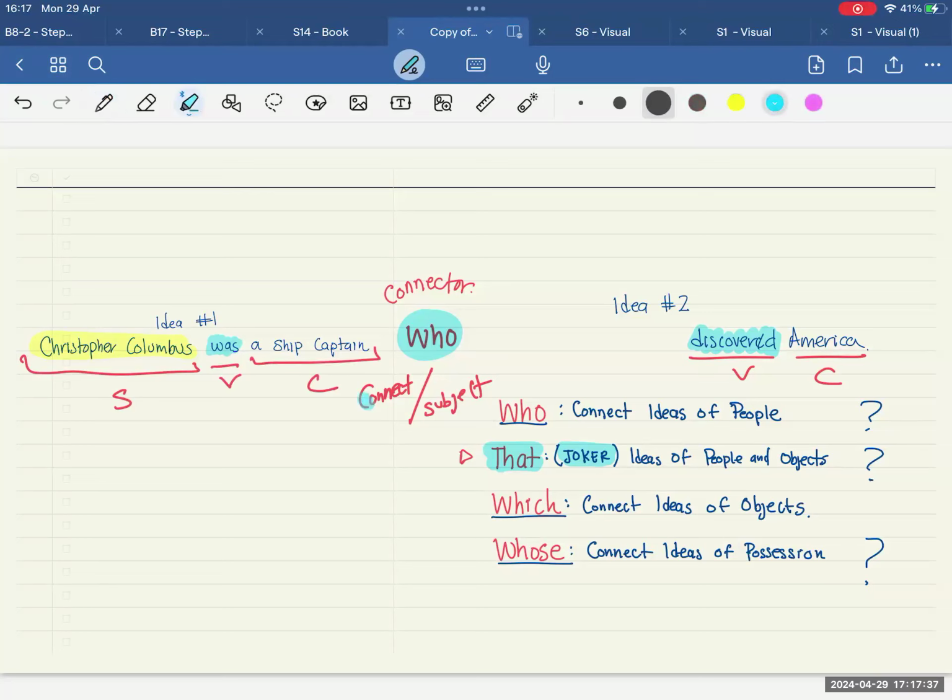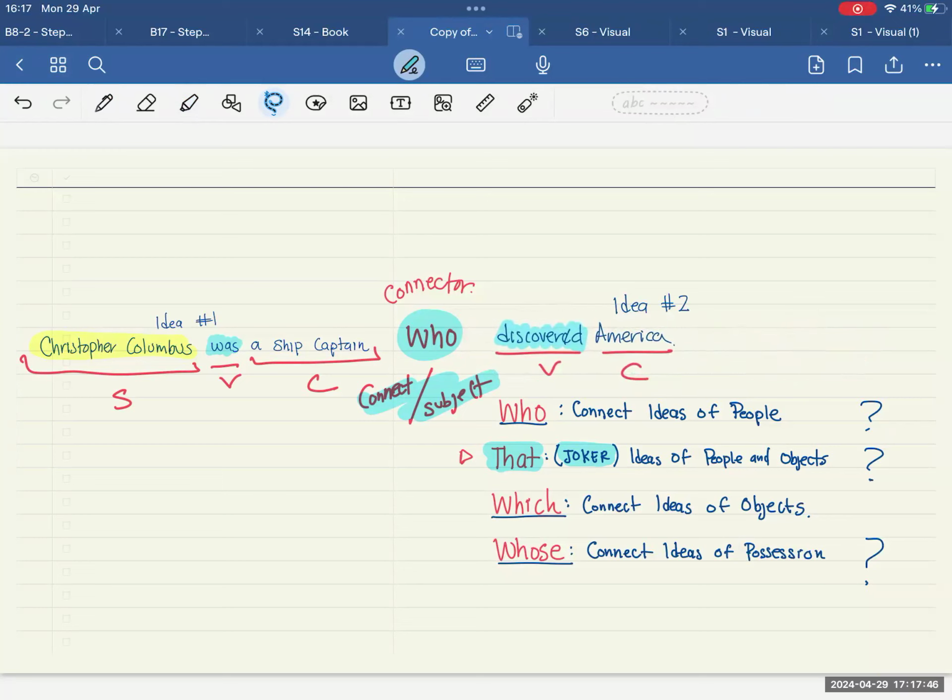And then I have connector subject, connector subject, discover America. Like that. We understand it, Camila? Very good. Regina, we understand the connection, yes? All right. Angie, you're good? Yes, I'm good.